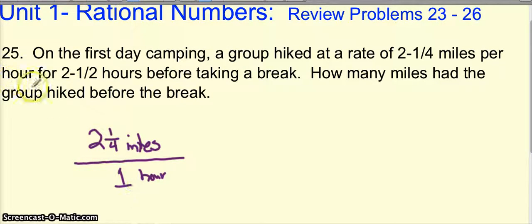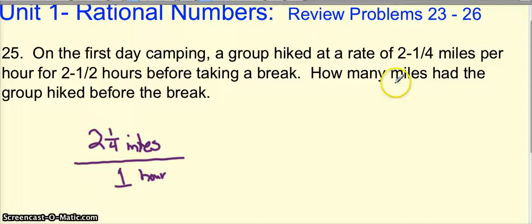If there's nothing there, you can assume we're talking about 1 hour. So we can rewrite 2 1/4 miles per hour as 2 1/4 miles at the top divided by 1 hour at the bottom. And we know that we did this for 2.5 hours.